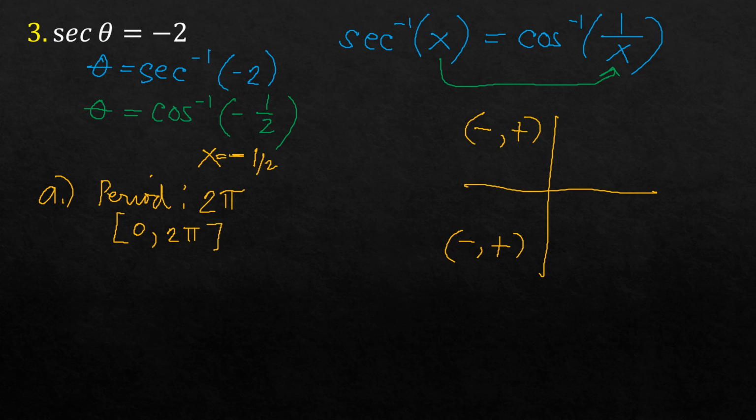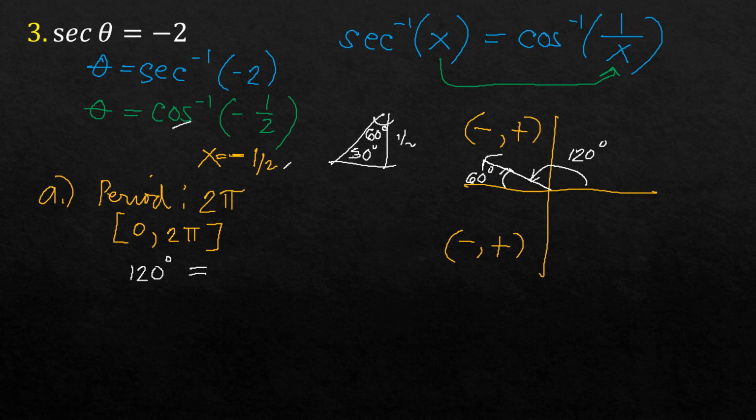You're being guided using the triangle: 30 degrees, opposite 30 degrees is 1/2, and that is negative 1/2. Meaning to say you're using the adjacent because cosine is for adjacent side. So we have cosine 60 degrees. However, cosine 60 degrees is positive, so we need to move to quadrant 2 having a reference angle of 60 degrees, and that is 120 degrees. So the first solution is 120 degrees.